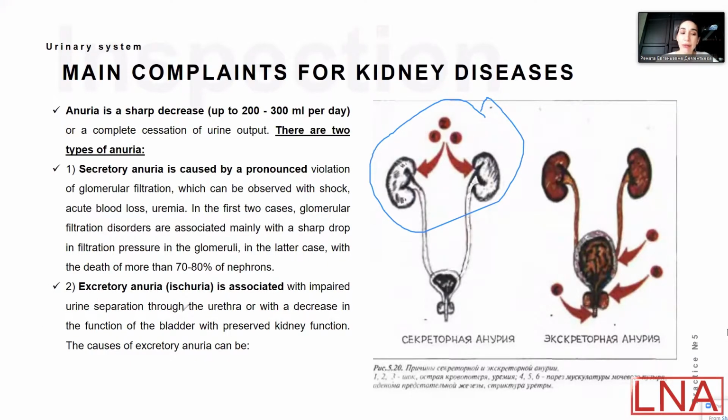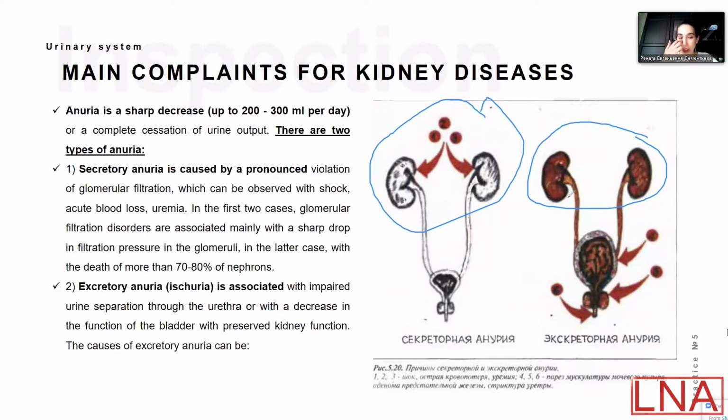Excretory anuria, or ischuria, is associated with impaired urine separation through the ureter or with a decrease in the function of the bladder with preserved kidney function. So in excretory anuria, there is absolutely normal, preserved kidney function, but a problem with the excretion of already filtered urine through another part of the urinary tract.